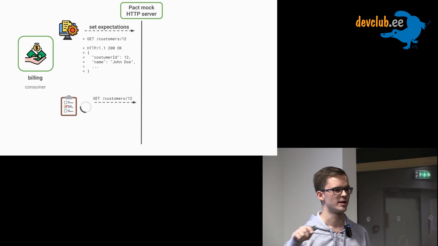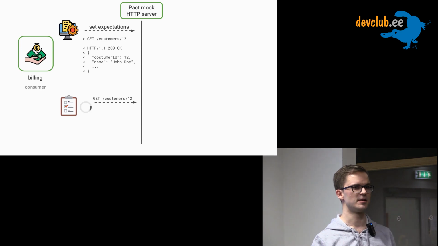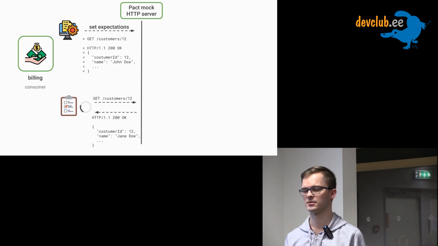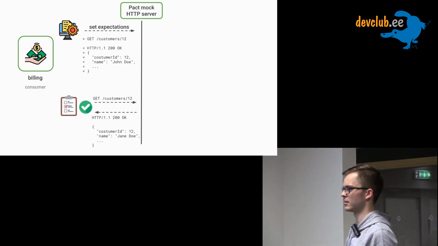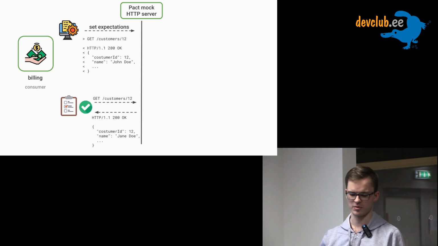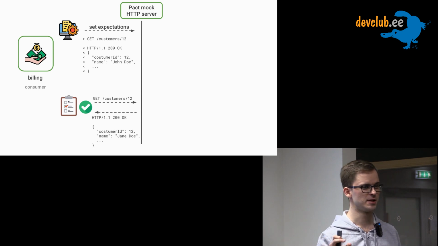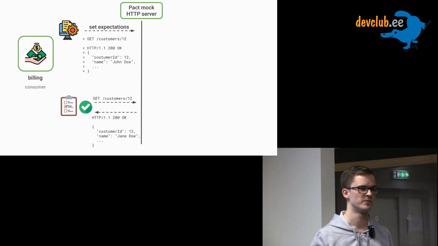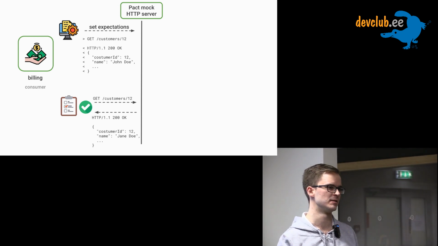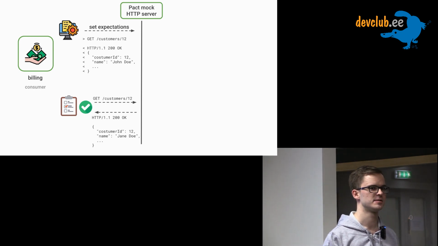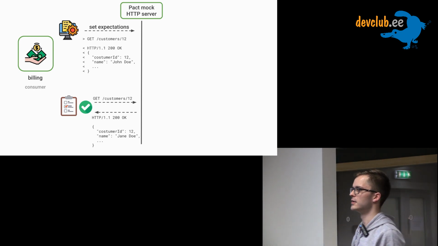Pact would see that, okay, I know this endpoint or request, I should respond with this payload. And this test will then first evaluate how this specific component in billing behaved when it received this input, and either pass or fail the test. In this case, everything was okay.